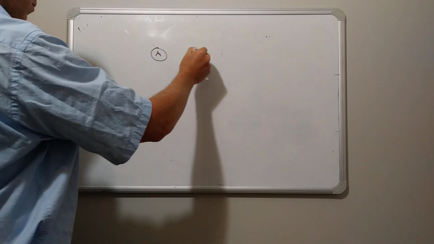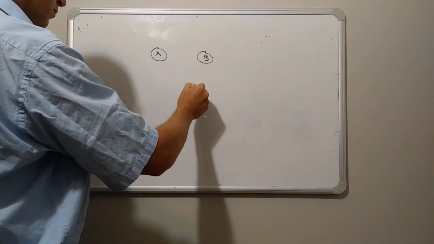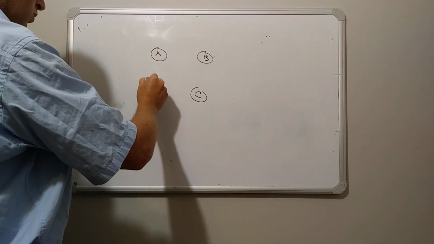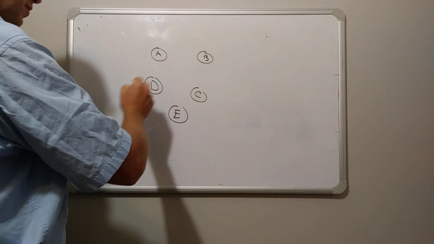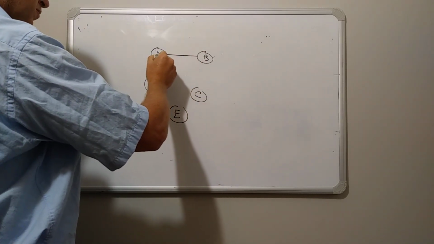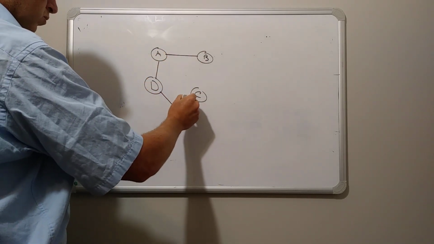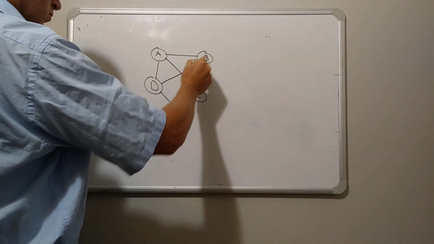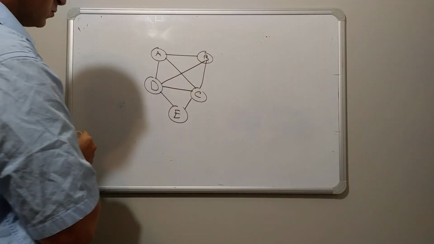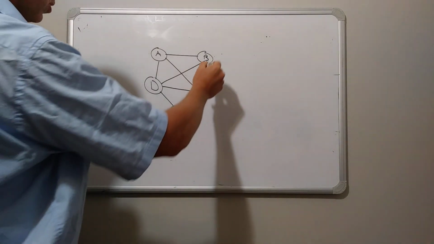So A, B, C, D, E. And let's connect them with a lot of possible connections. And you could have more like this.